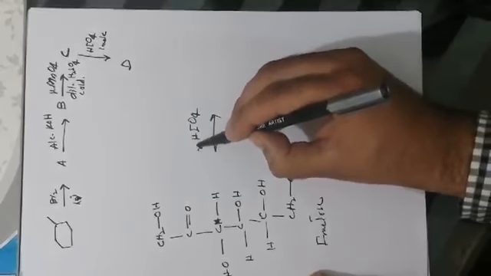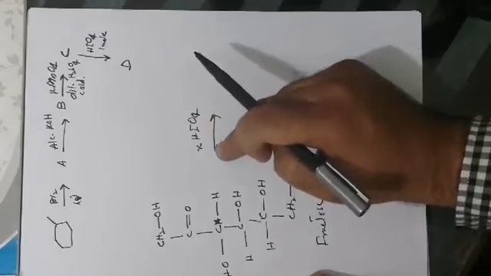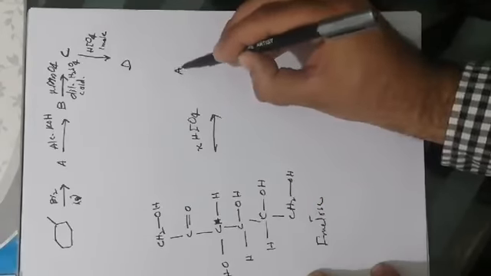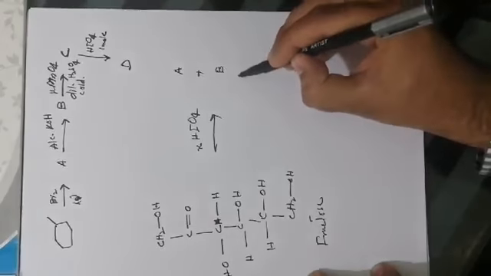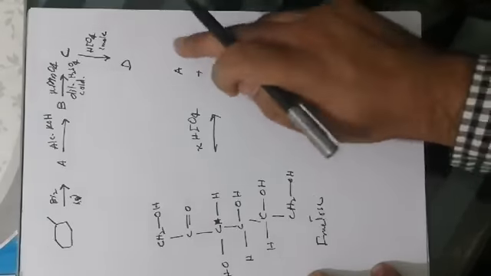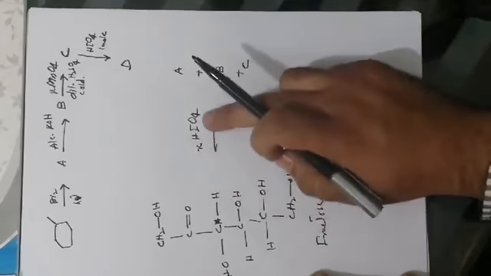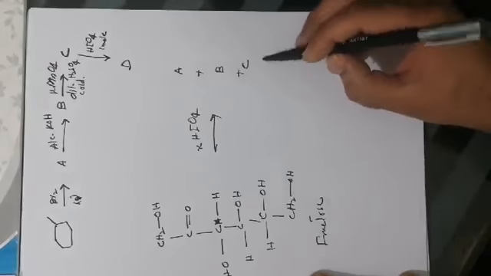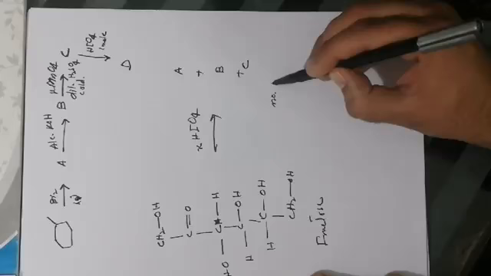Now you will have to tell me how many moles of the HIO4 would be consumed. What will be the products? A plus B plus C. What would be the products? How many moles of periodic acid would be consumed? And how many carbon atoms were in the starting compound?